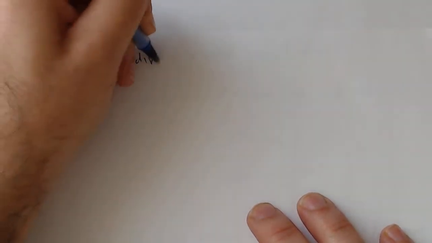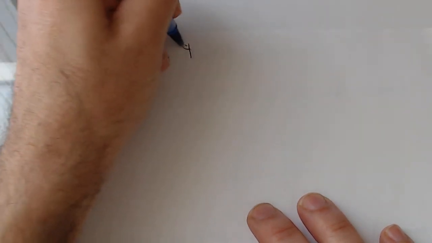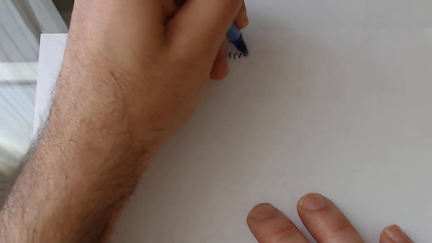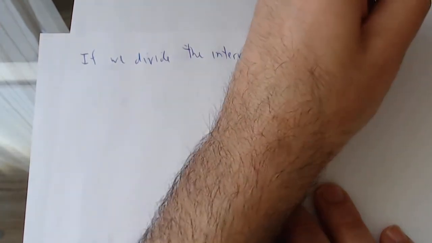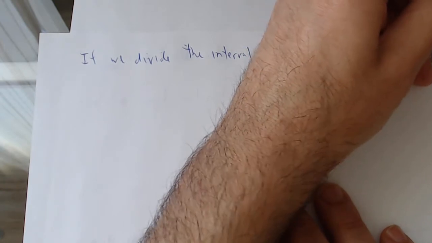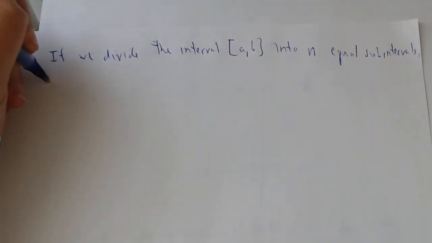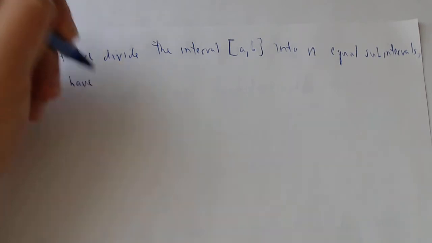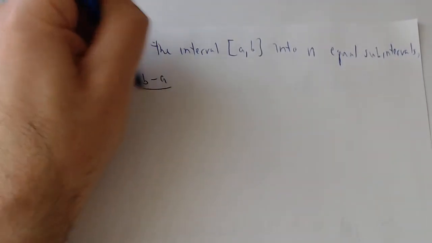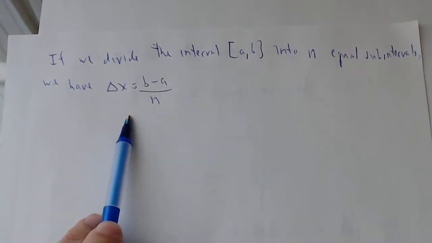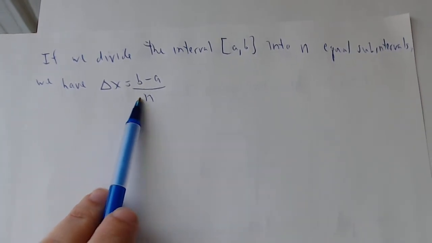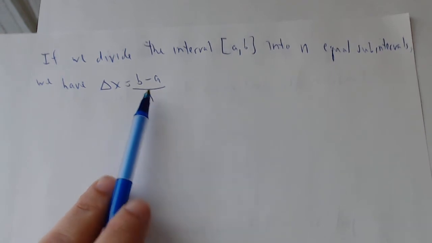But now we're going to say, look, if we divide the interval from A to B into n equal subintervals, what do we get? Well, we have delta x equals b minus a over n. So I'm grabbing this and breaking it up into an equal number of subintervals, and they're evenly spaced out.